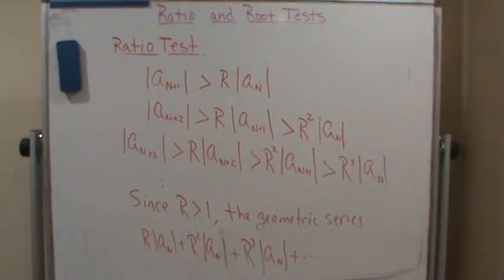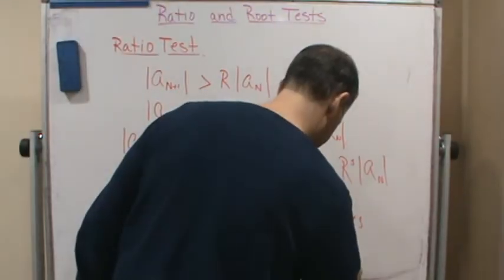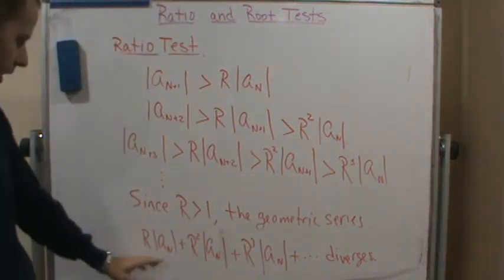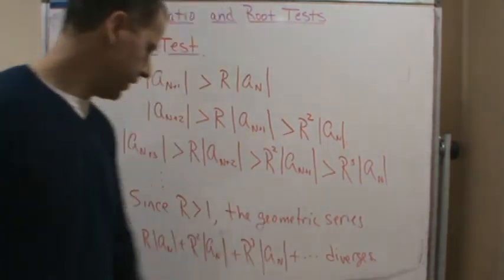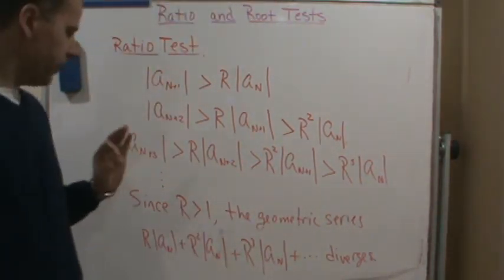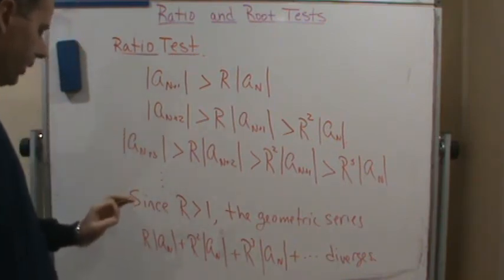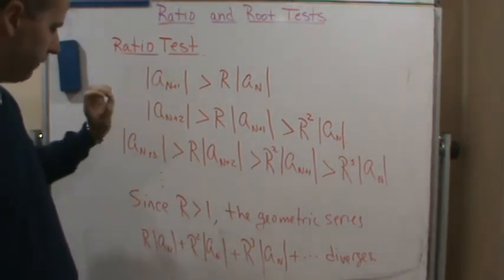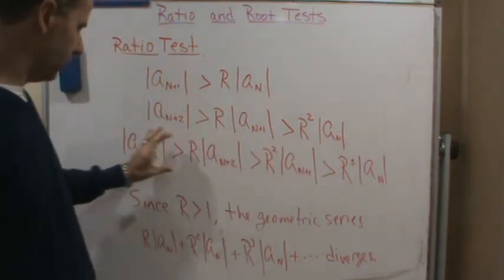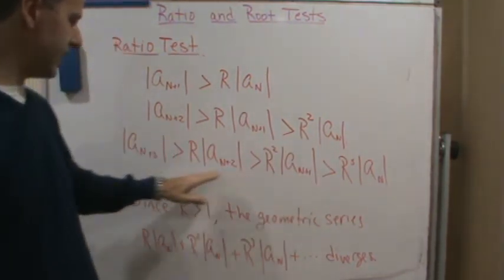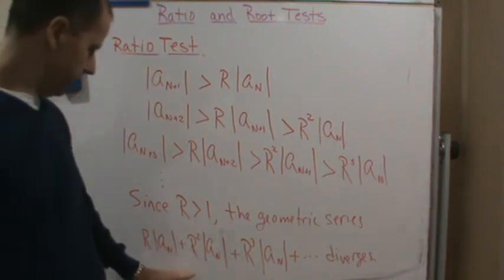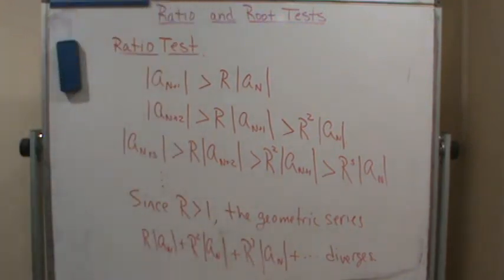Now, this geometric series diverges. We know that. Why? Because R is greater than 1. So we can use this geometric series that diverges. Then we can use the comparison test because we know that this is an increasing sequence and this is a divergent series.